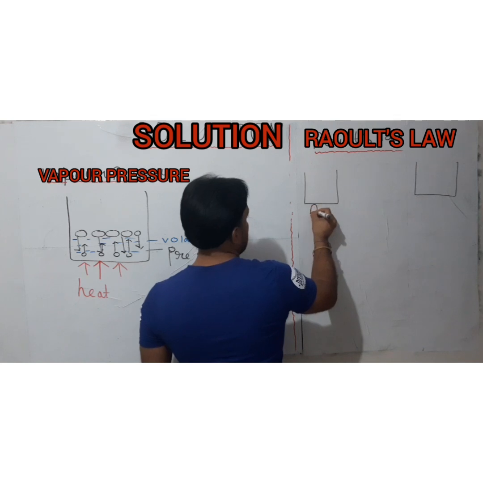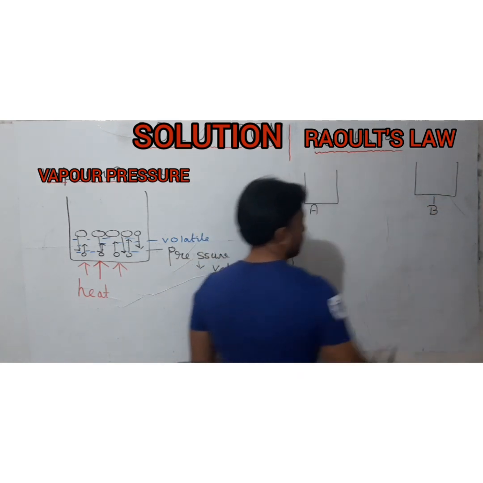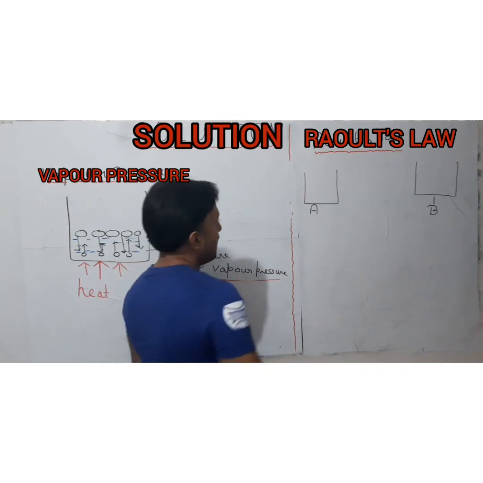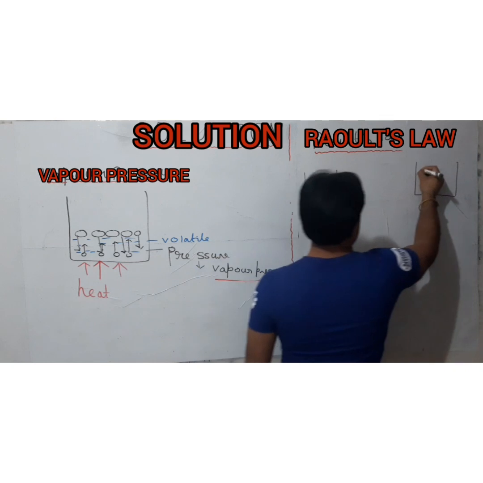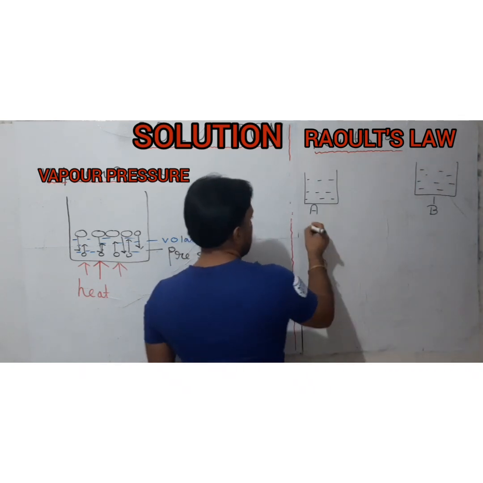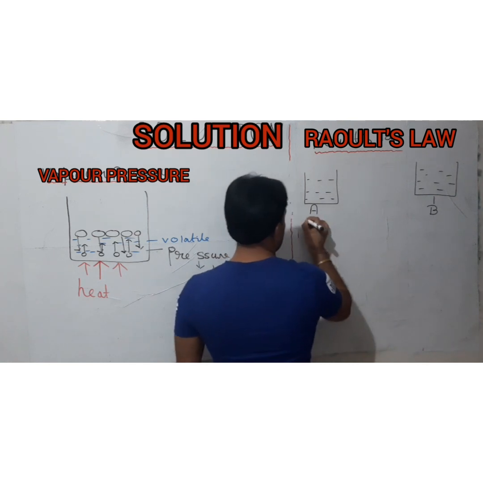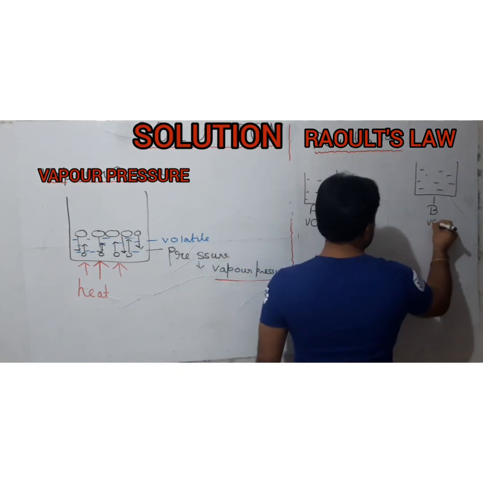This is liquid A, this is liquid B, and they are in their pure state, both are liquid, and one more important thing, both liquids are volatile, meaning they can be evaporated.